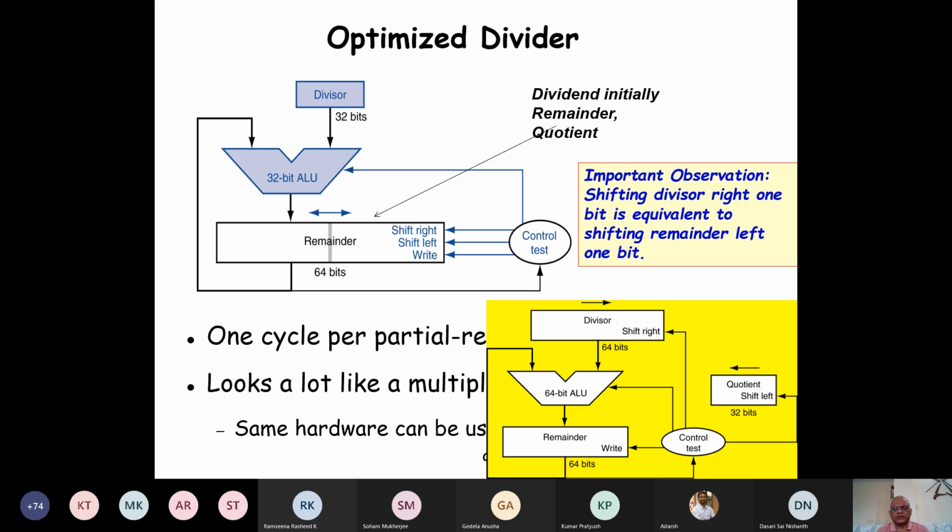If we observe that, then we find that the quotient and the dividend both need to be shifted left each time. And therefore, the hardware becomes very simple.